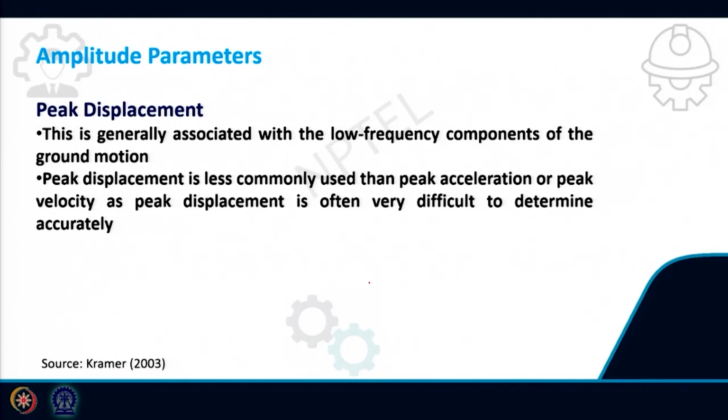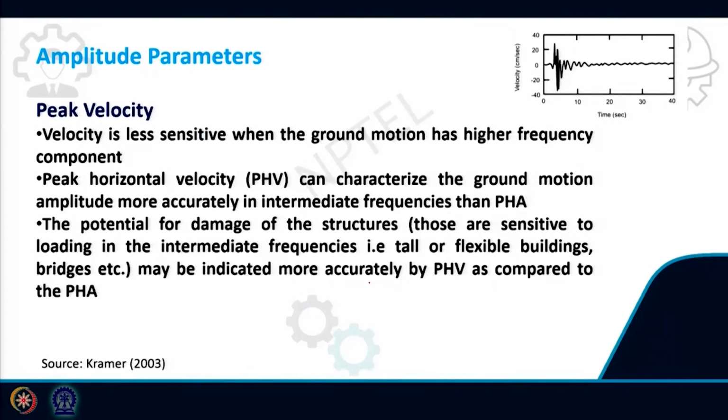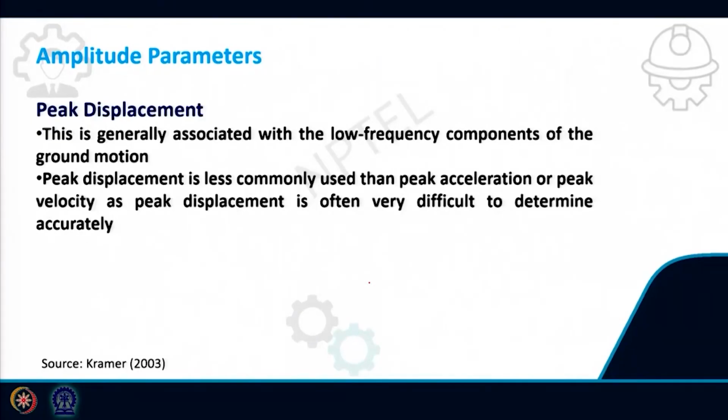If it is the intermediate zone, then your PHV can characterize the ground motion in a better way. But if it is a very low frequency component, then peak displacement is associated with this range. But peak acceleration PHA and peak velocity PHV are generally more frequently used as compared to peak displacement.